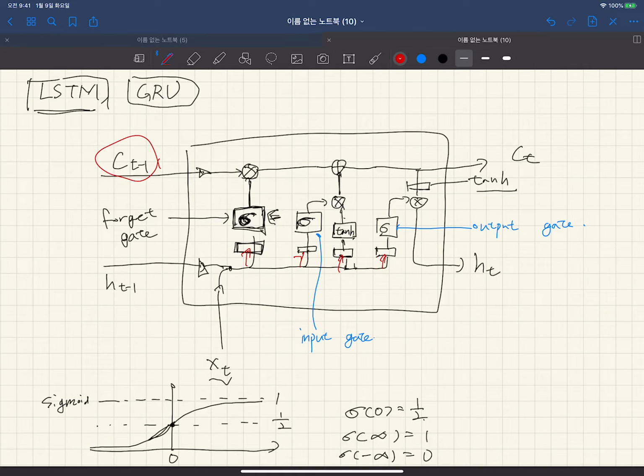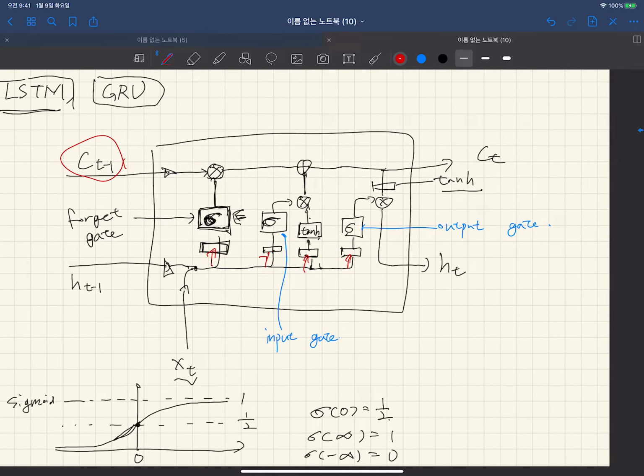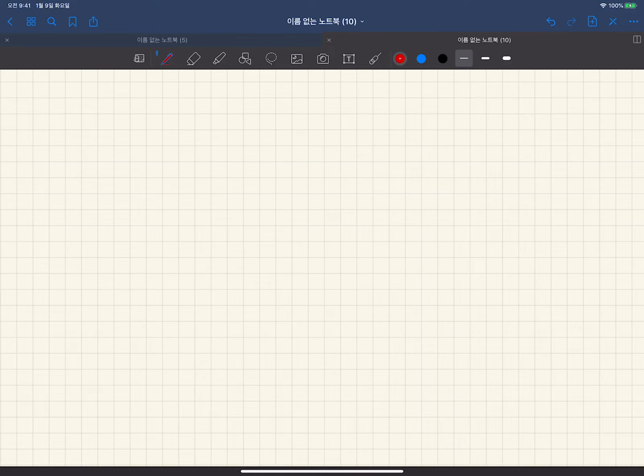Okay, then why is this gate idea very nice? Essentially, using this gate unit, if you want to keep the past information a lot and train the long-term relationship well, you just need to open all the gates. You just need to set all the parameters so that all the gate outputs become 1 or close to 1.